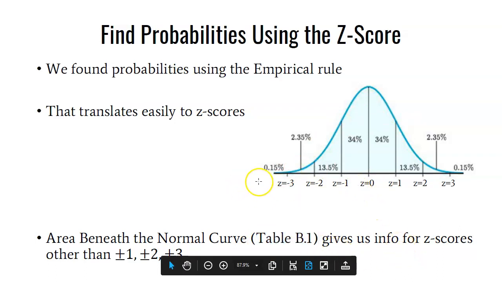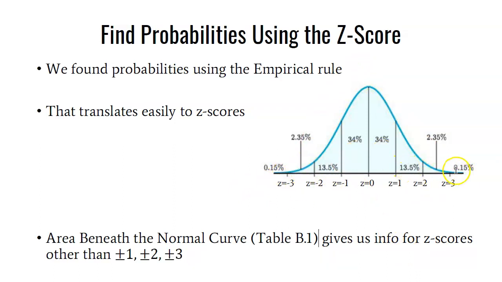So you can see just from this normal curve, you already know these probabilities, right? This is the empirical rule. You already know these. So instead of having standard deviation here, I just put Z. That's really what the z-score does, right? It standardizes so that you have a mean of 0 and a standard deviation of 1.